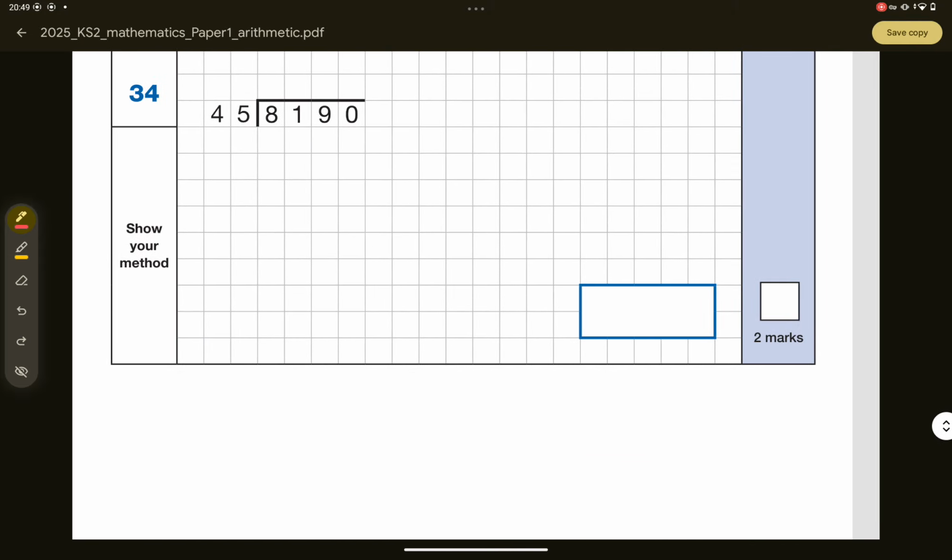So this one, 45, 90, so that goes in ones. That's a big fat 0. And then 11, 6, 7, 3, 3, 6, 3, 6, 9. And then times 4 equals 360.